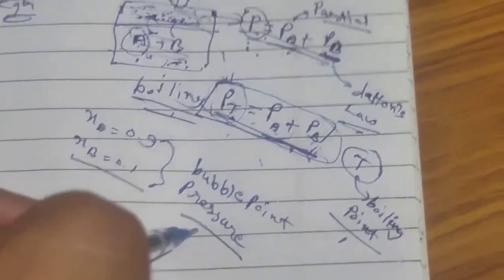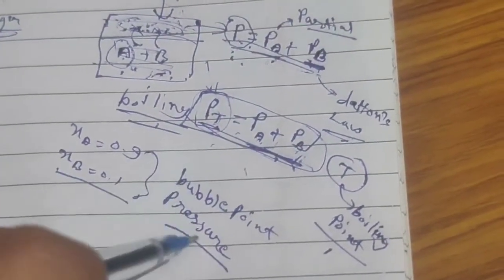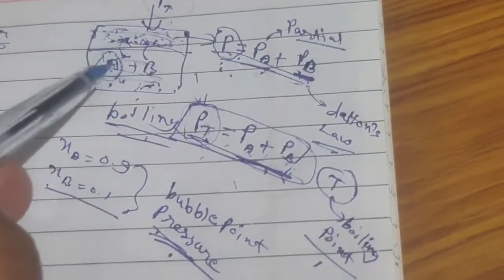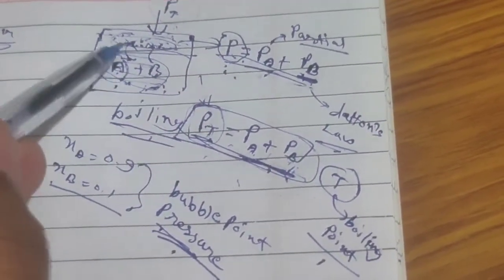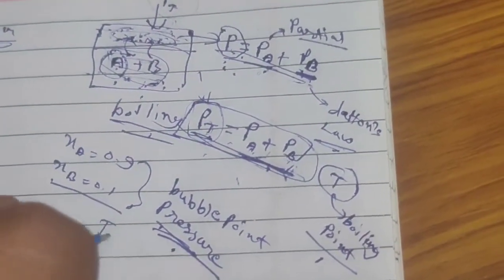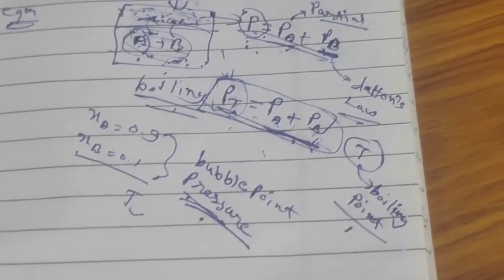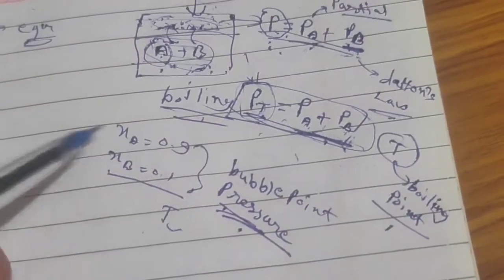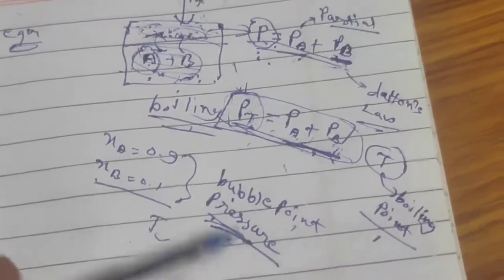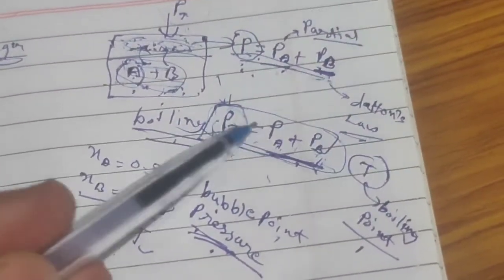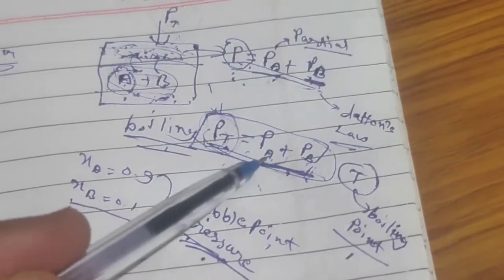That means the pressure at which the mixture will boil, and they will give you the temperature, of course. So this kind of question they can ask. So the thing is how we can find the bubble point pressure, meaning this pressure, which is equal to the sum of partial pressures.